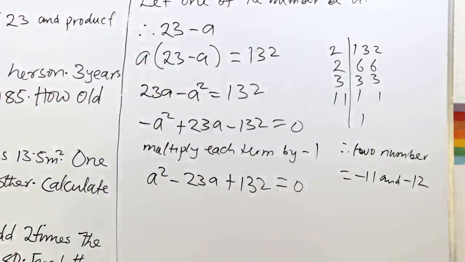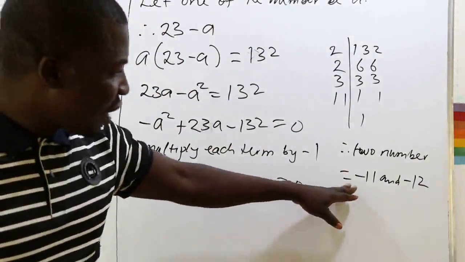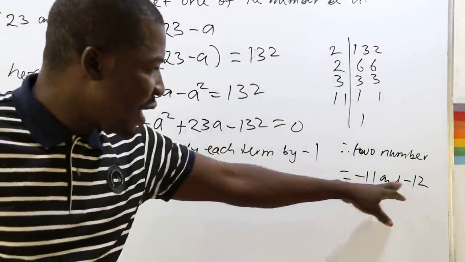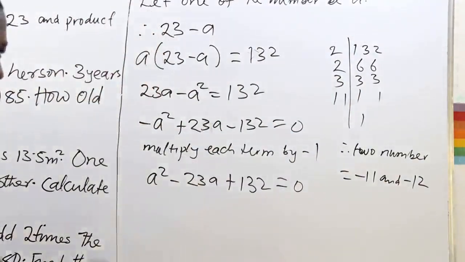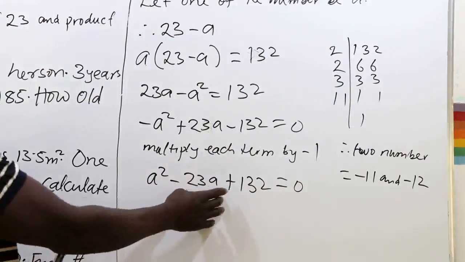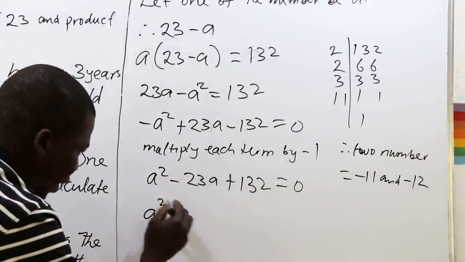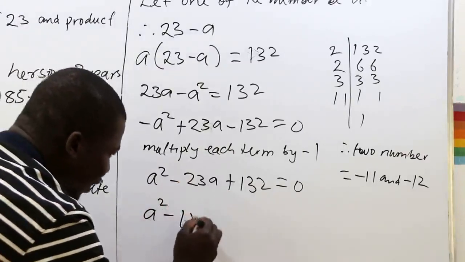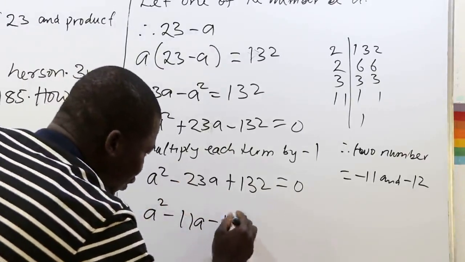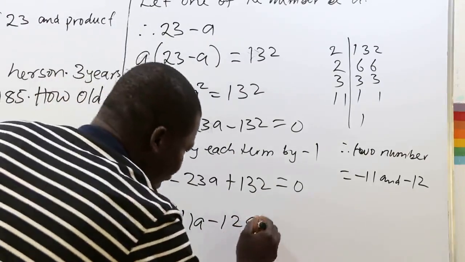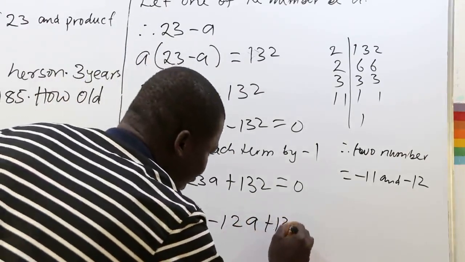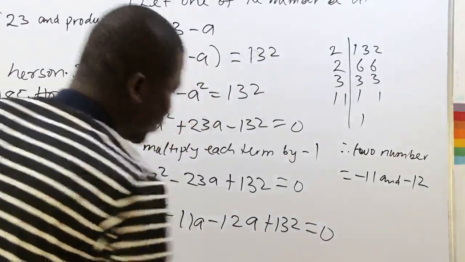So now we have discovered that the numbers are 11 and 12. So we are going to fix them in the place of this 23. So here we have a squared minus 11a minus 12a plus 132 equals 0.